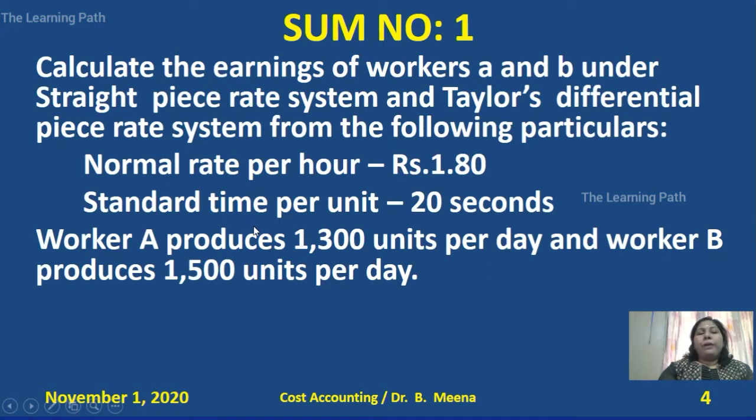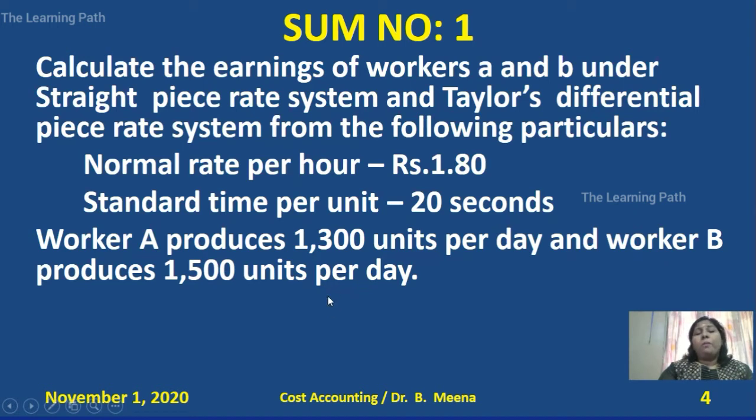And look at the other information. Standard time per unit is 20 seconds. So as per this problem, the target is that you can take 20 seconds to produce one unit. The information available is that worker A produces 1300 per day, worker B produces 1500 units per day. Per day means 8 hours.